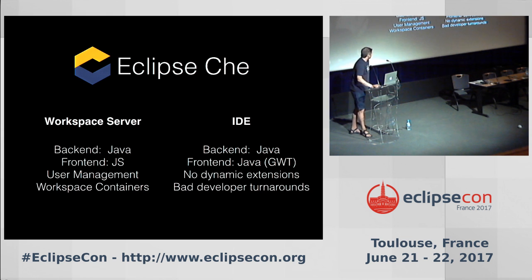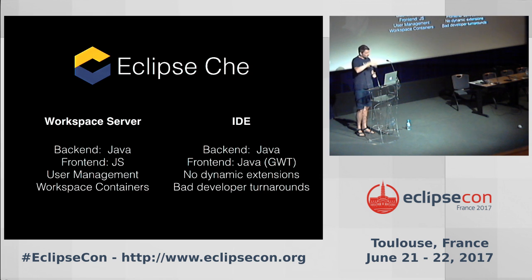Eclipse Che doesn't have a dynamic extension system, which is really sad because it has so much momentum. If you imagine it had a dynamic extension system where people could just go and build an extension and push it somewhere, there would already be a huge array of extensions, I'm pretty sure, because there are so many committers and people who really want to do something.